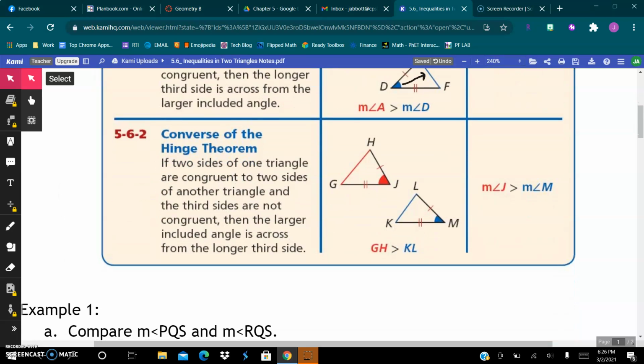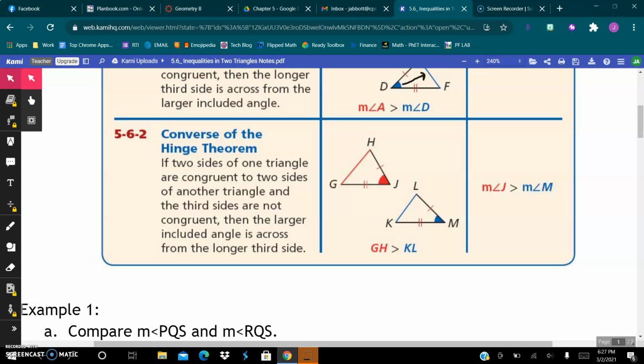And the converse of the Hinge theorem says if two sides of one triangle are congruent to two sides of another triangle, so the same thing, and the third sides are not congruent, so our other side is not the same on each triangle, then the larger included angle is across from the longer third side.